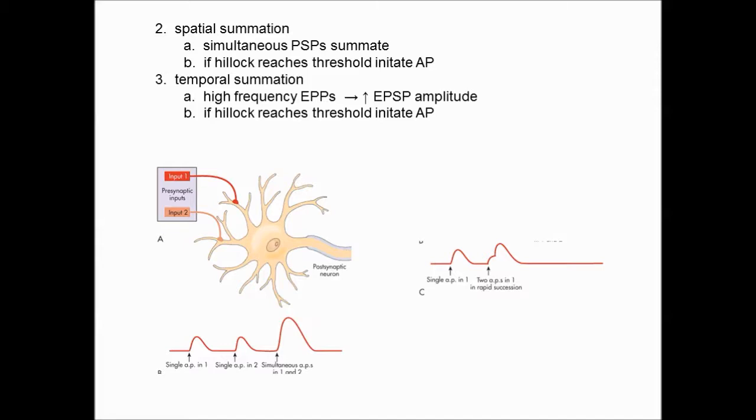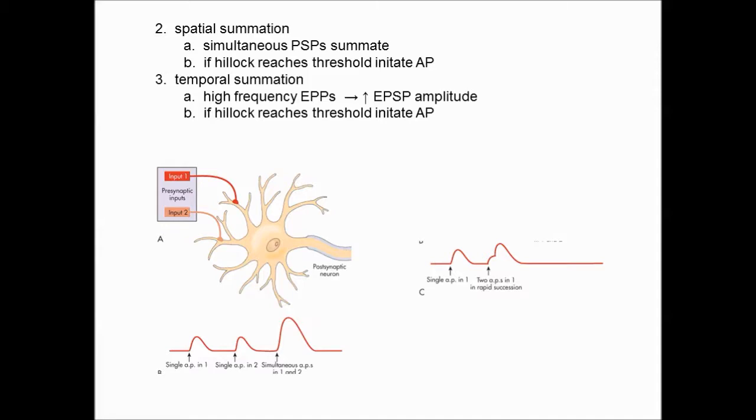In other words, having more than one input has a stronger effect. It's the same thing as a muscle contraction when you start adding more and more cells to get a large muscle response. So we call that spatial summation. And again, the significant area of whether or not this particular neuron fires is this axon hillock region.